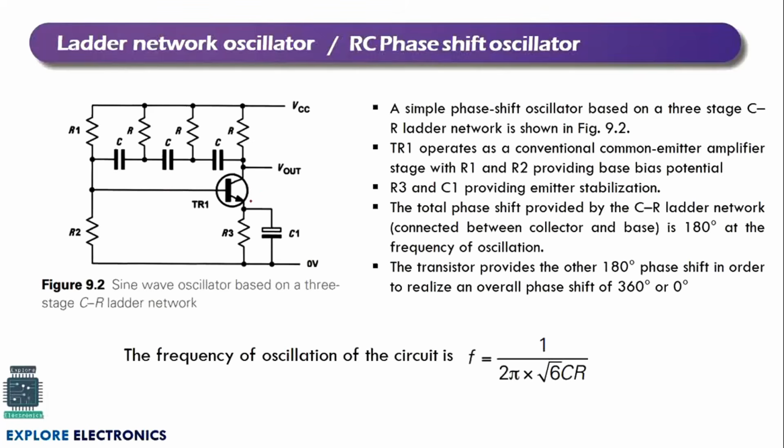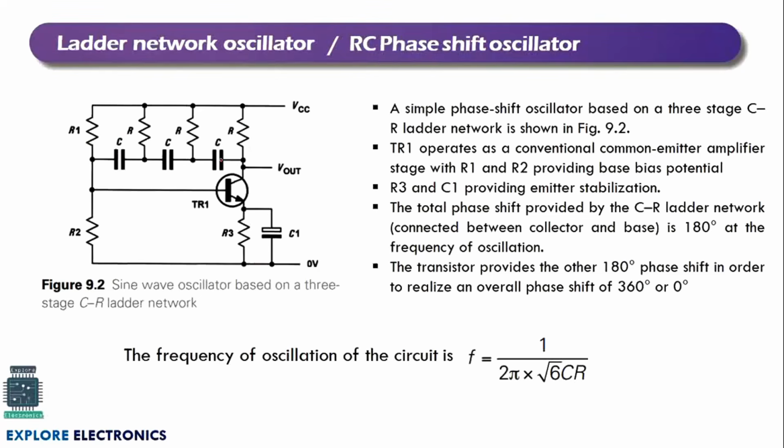Okay, so TR1 is a common emitter amplifier circuit here by using a BJT, and R1 and R2 providing base potential, and we are using a base bias here to bias this transistor to operate as an amplifier, and R3 C1 providing emitter stabilization.